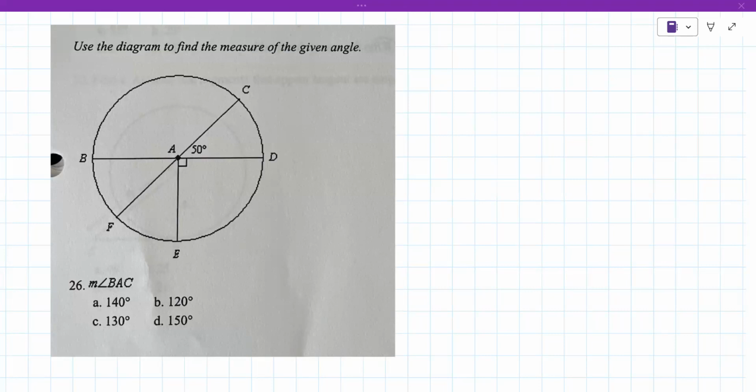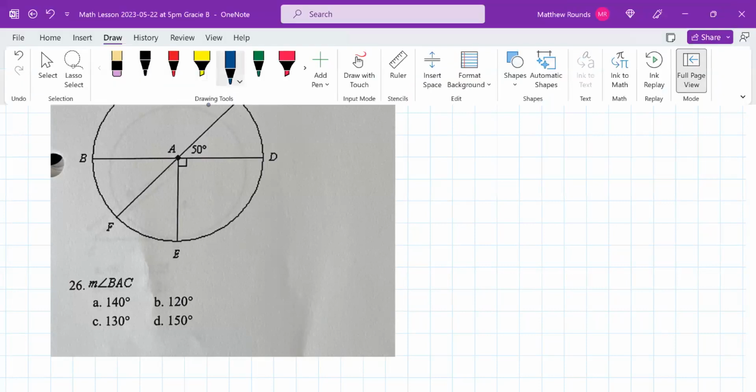Now, how did you come up with that? That's probably more important. I did 50 plus 90 plus 90 and then 360 minus that. Okay, yeah, and so that does work.